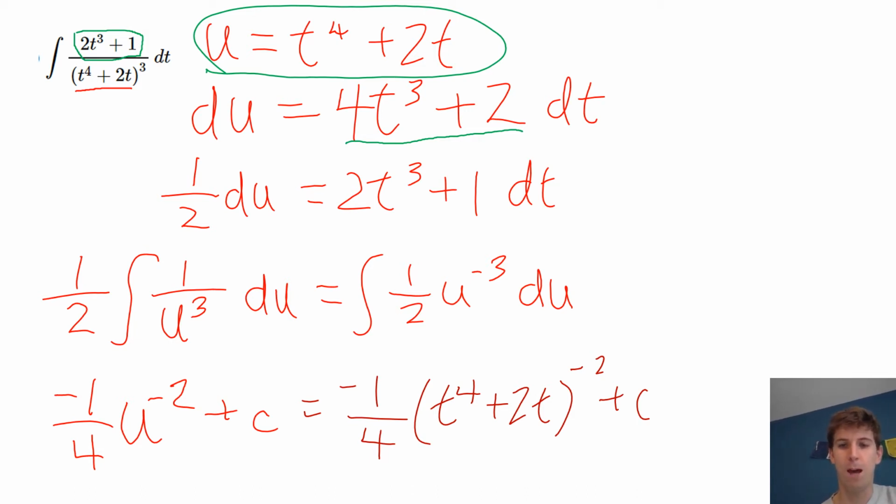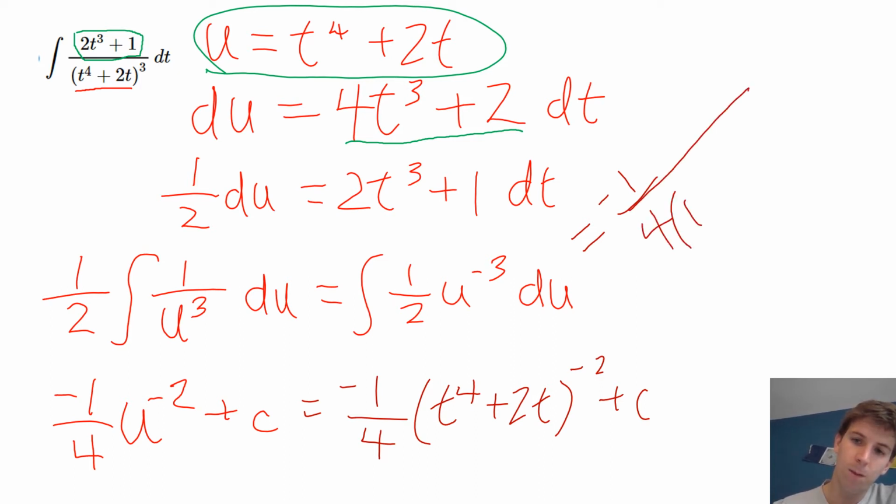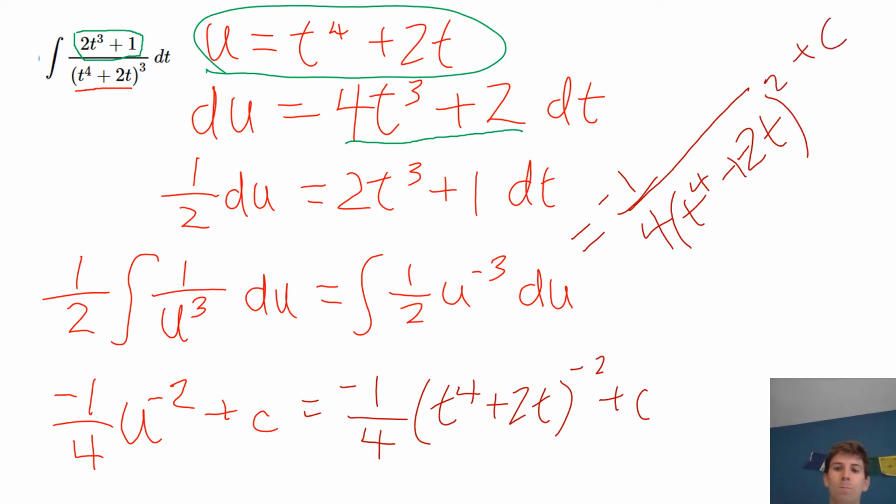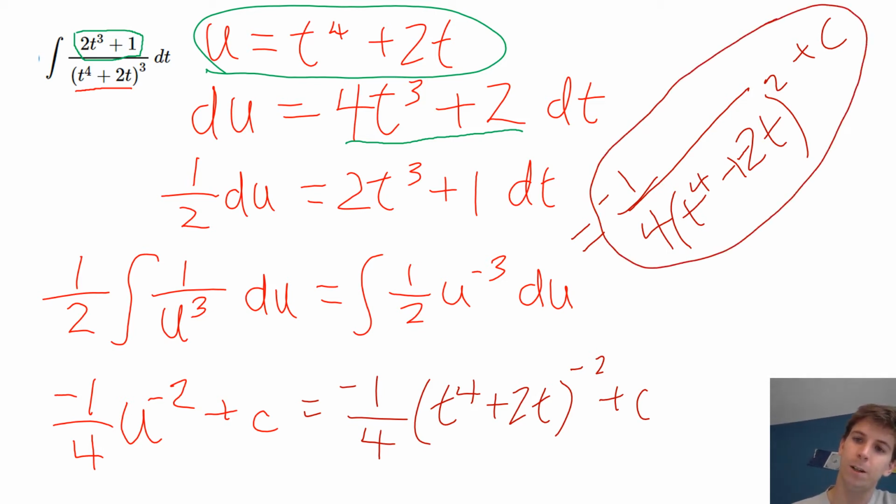If you wanted to put it back with a positive exponent, I'm running out of space here on the slide, so I'll write it over here off to the side. It would be -1/4 times the quantity t to the fourth plus 2t, squared, plus c. And there we go. Our final answer right there.